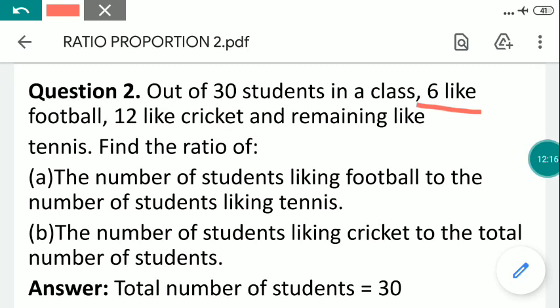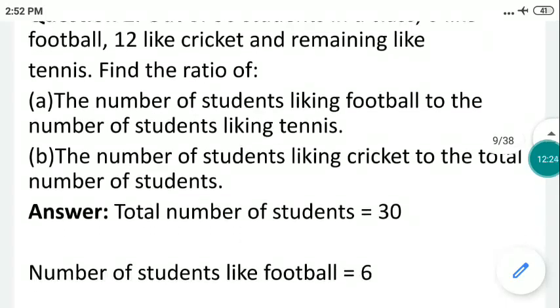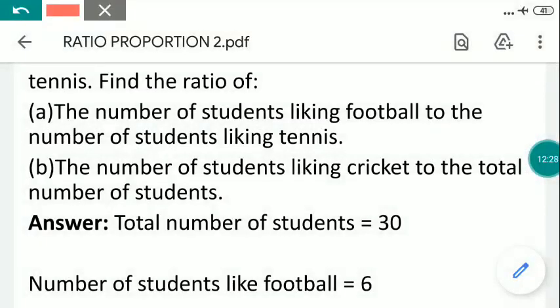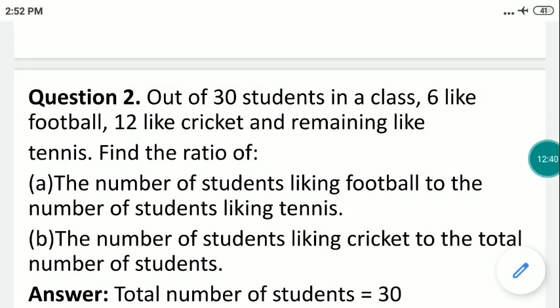Okay, so here first we write out of 30 students, that means total number of students is 30 here. Out of that, number of students who like football are 6, and 12 like cricket, and remaining like tennis.